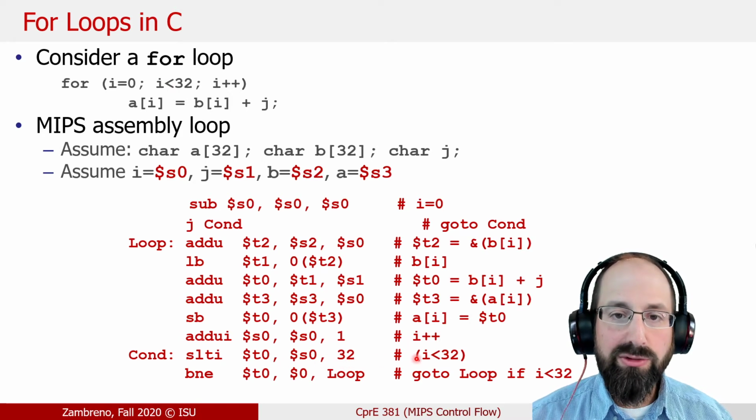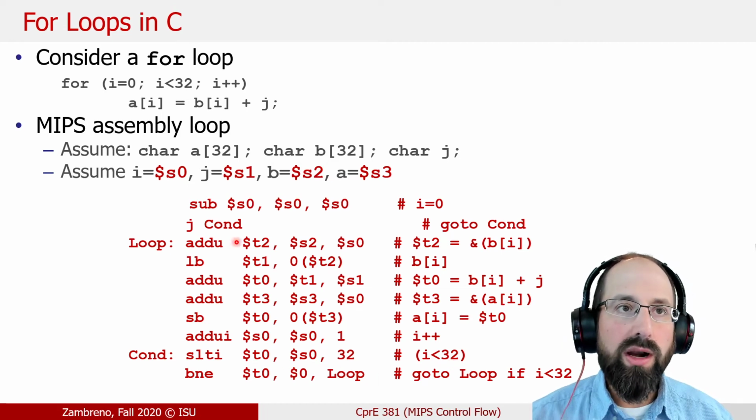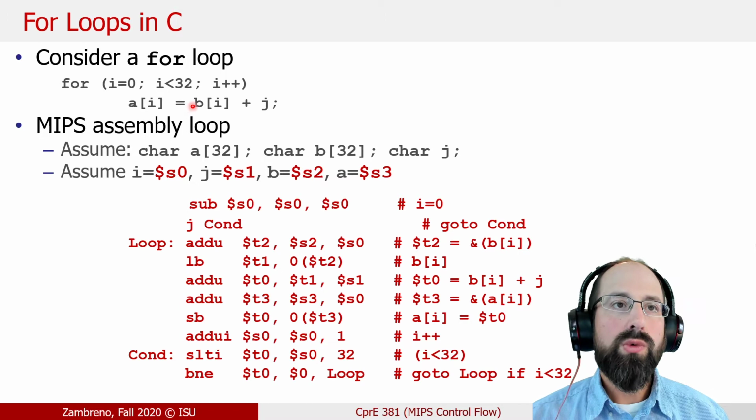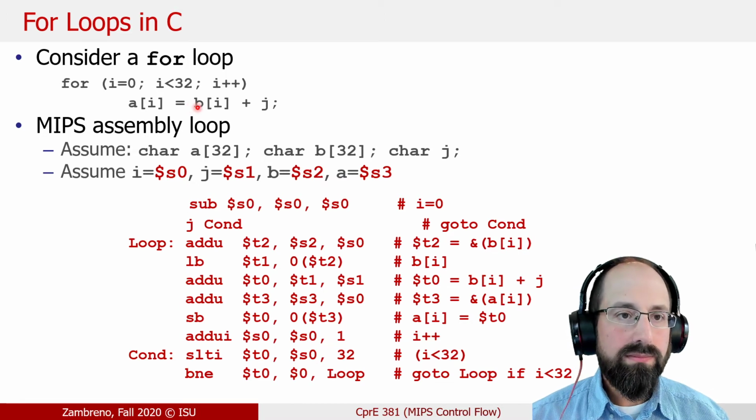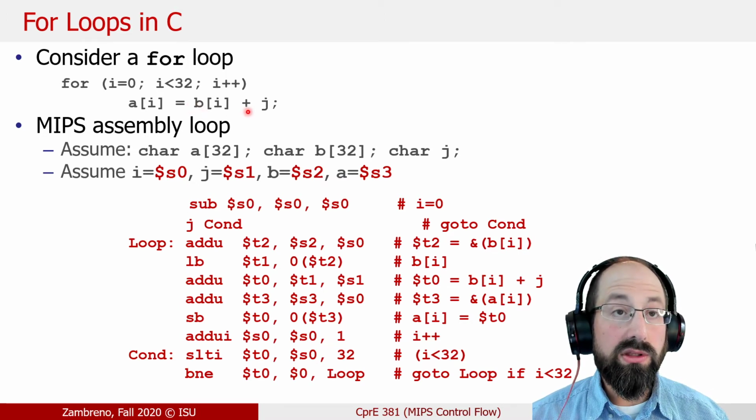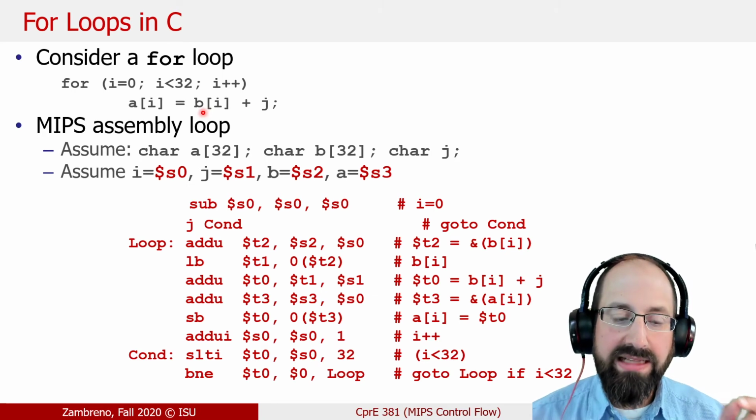If the condition is true that I is less than 32, we then go into our loop where we're executing this code, where we calculate offset into B. We do a load byte because it's just a single byte entity now.